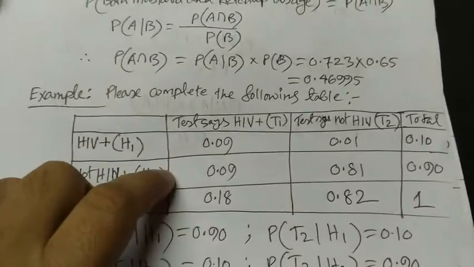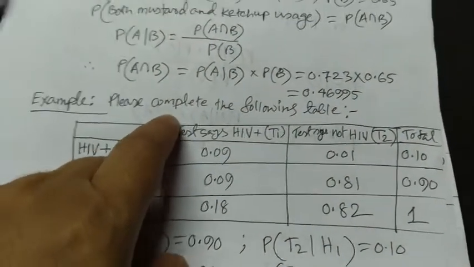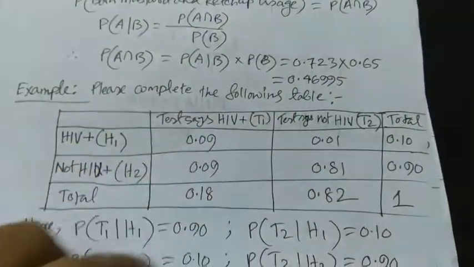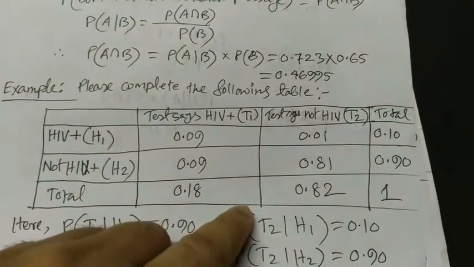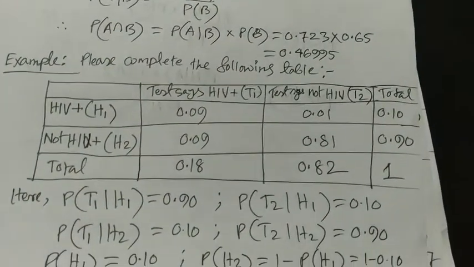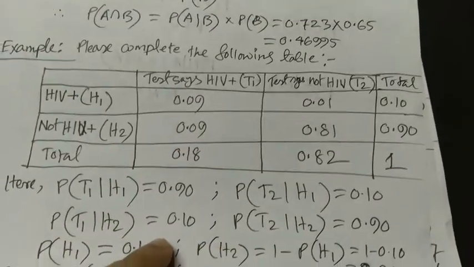Very easy question. Now the next example: please complete the following table. The table has already been completed. Usually you will not have all this information in the question, so I already filled it out.